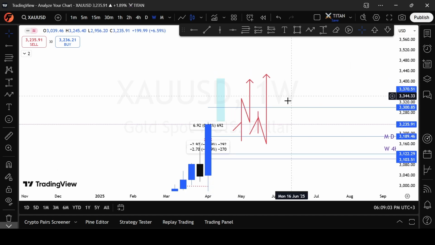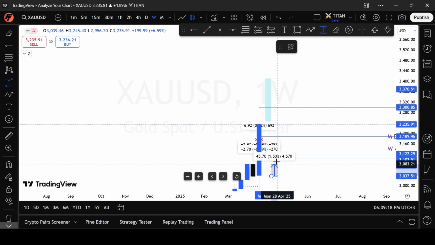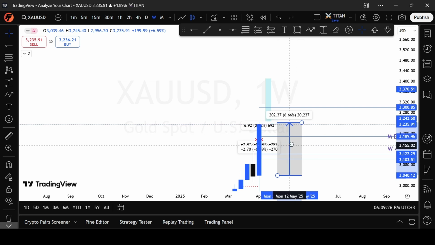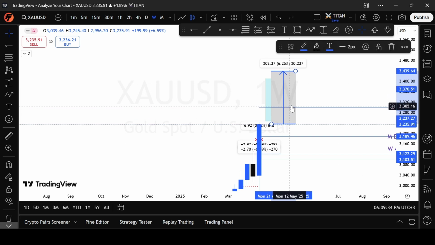Just by assessing the weekly candle, we can see that the previous candle moved around 2000 pips. So we can estimate and assume that the next candle will move either half, exactly, or more than this candle.